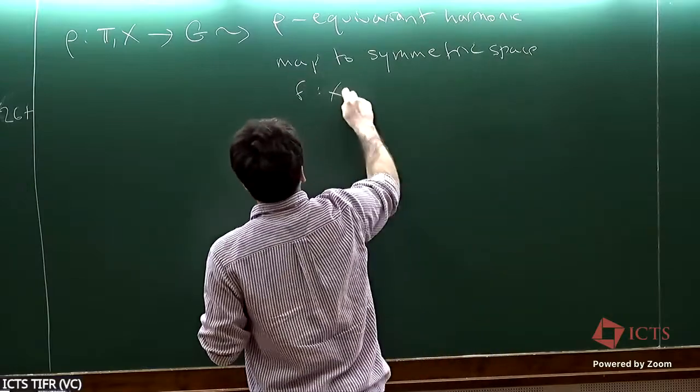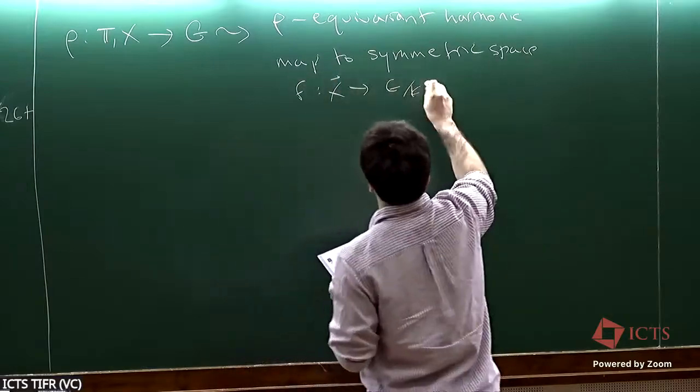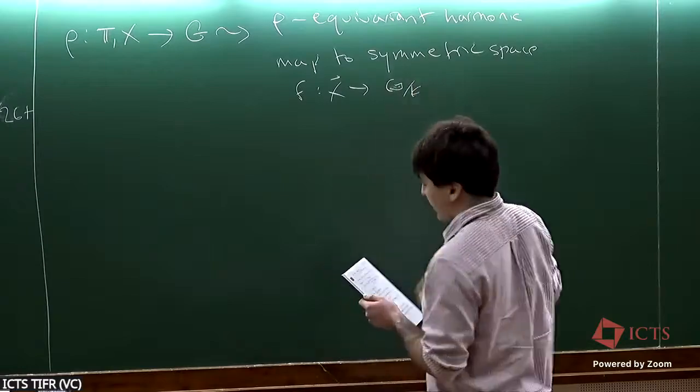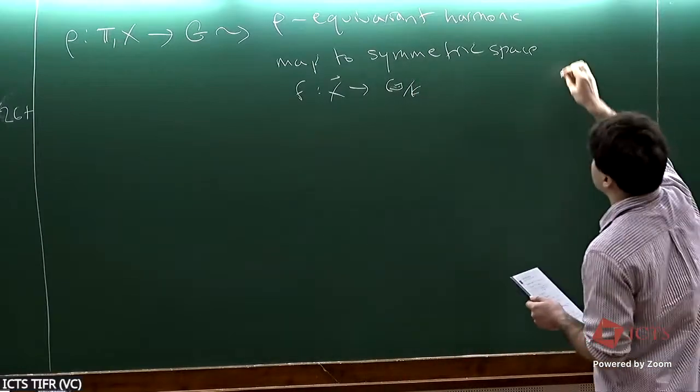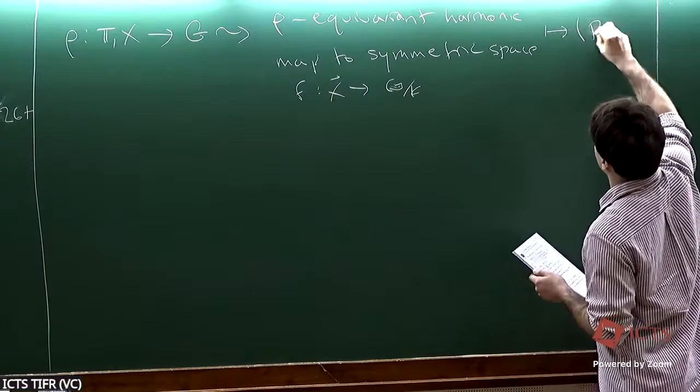I'll denote my symmetric space by G mod K, so K is the maximal compact subgroup. And out of this, we produce a G Higgs bundle.